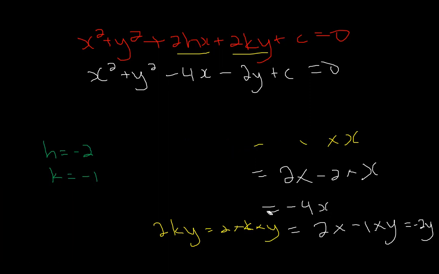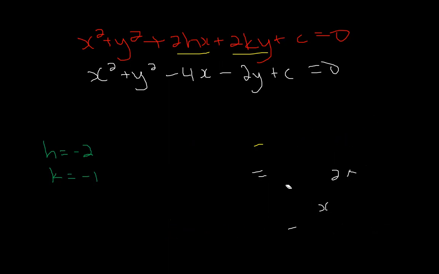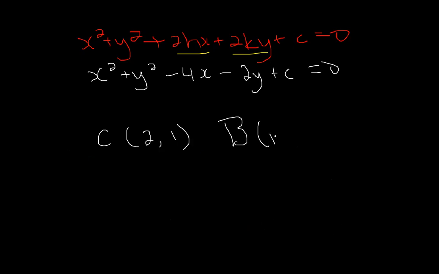But before I erase all that by mistake, I have to retry the circle. Remember the information they gave us? They told us the center C was 2, 1, and that the point B is 10, 7.